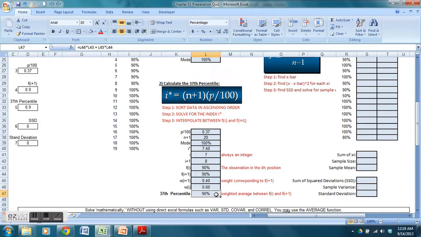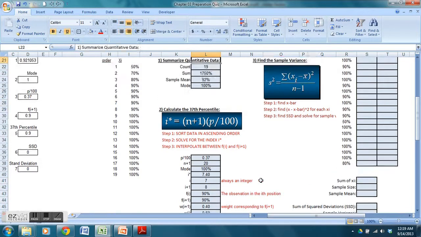And right away, you could have realized that if f of I and f of I plus 1 are both the same value, then when you look for a value in between them, it's going to be the same. Which effectively, that's what you're doing with the weight. You're looking for a value in between these two values. So, 37th percentile, 90%.